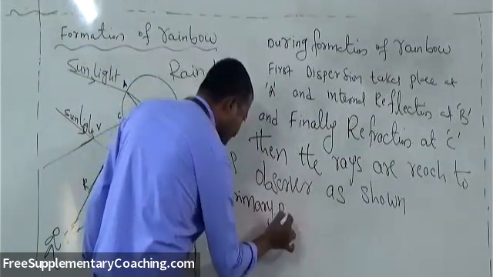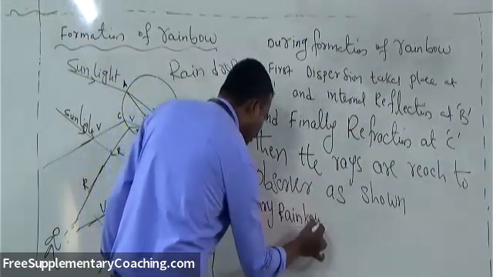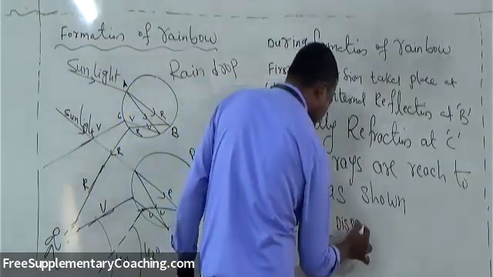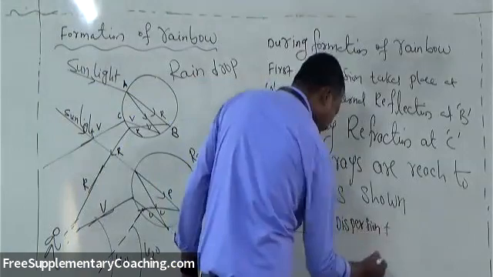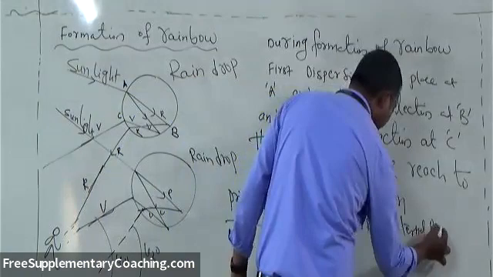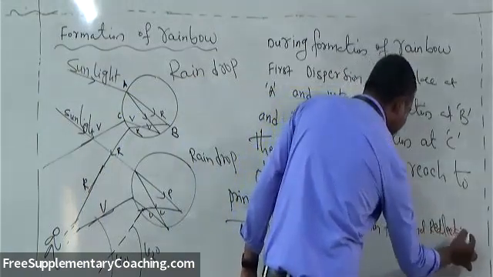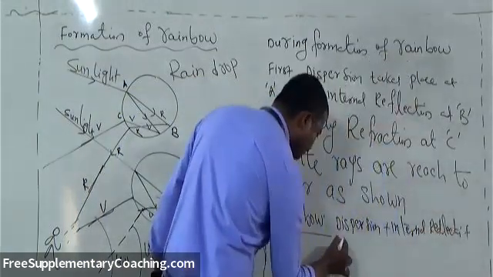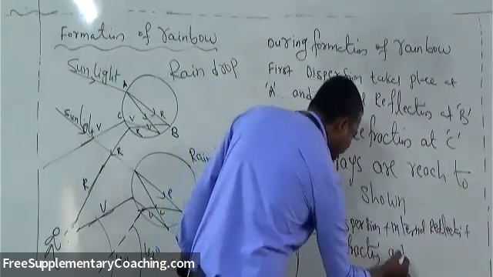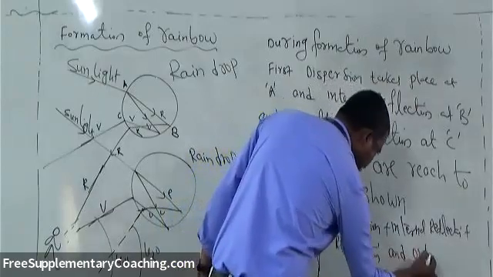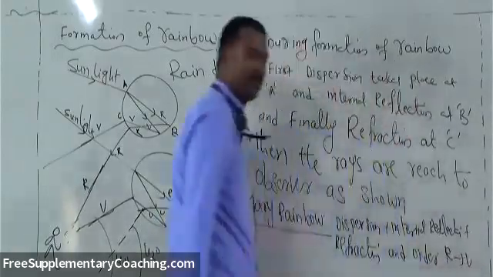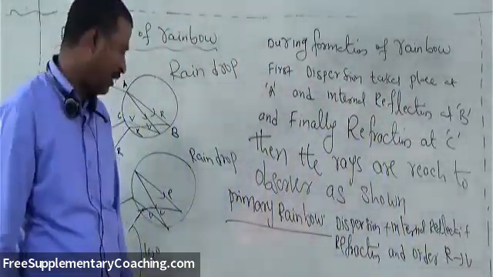primary rainbow: dispersion plus internal reflection plus refraction, and the order of colors is red to violet. Red to violet.